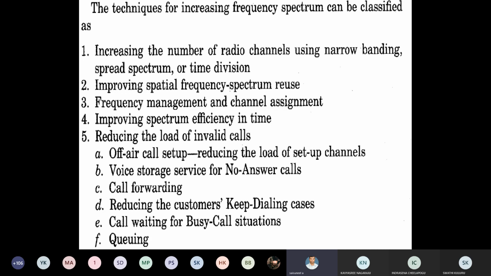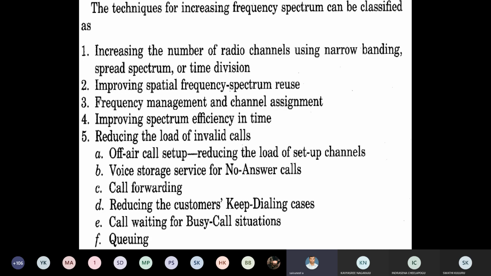In these techniques, frequency spectrum utilization can be done effectively by these five techniques. The first one is increasing the number of radio channels by narrow banding.